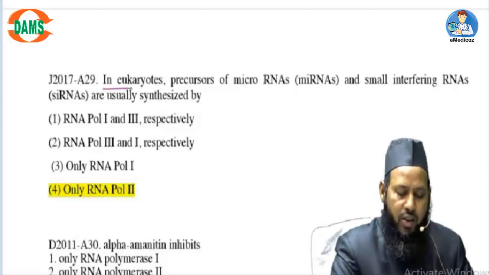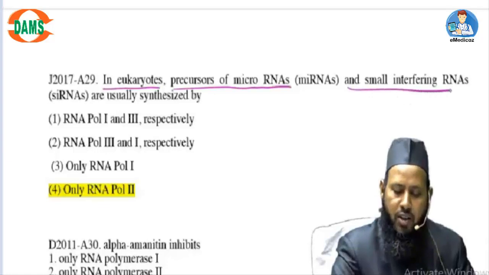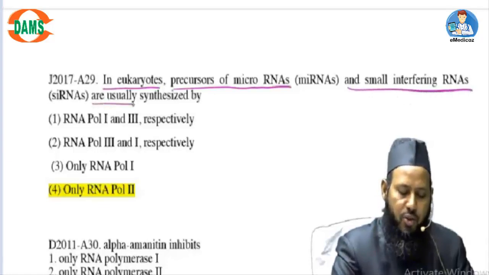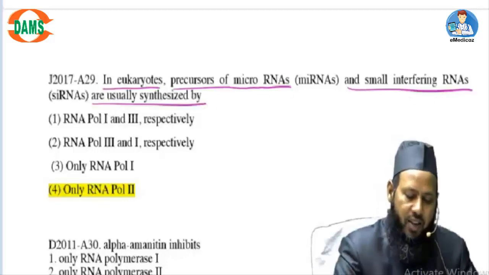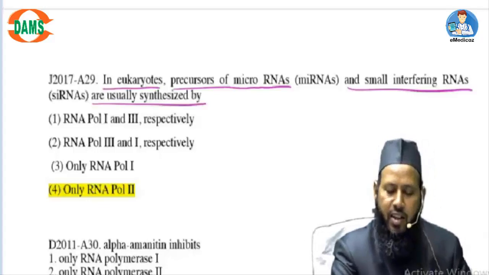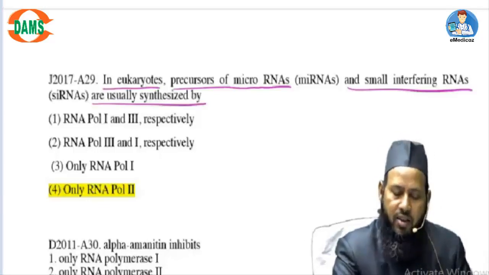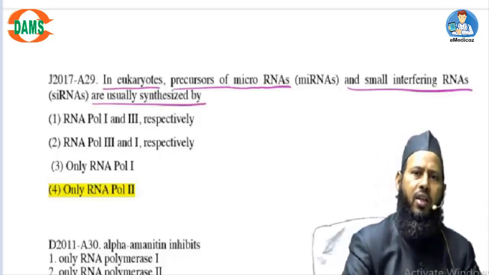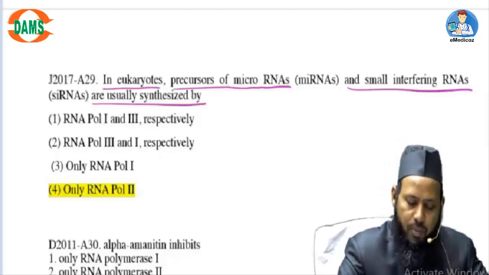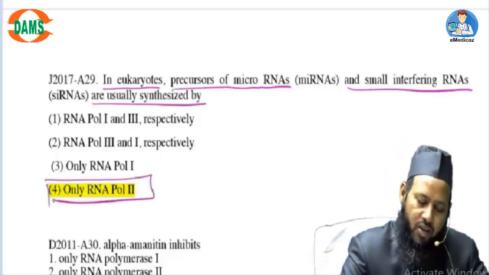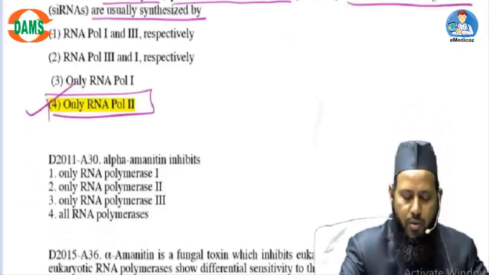In eukaryotes, the microRNAs and the siRNAs are usually synthesized by, and we know that the siRNA and miRNA are neither ribosomal nor tRNA. Since they are not ribosomal RNA nor tRNA, they will not be transcribed by RNA pol 1 or pol 3, so they will be transcribed by RNA pol 2 basically. So the answer will be RNA pol 2.